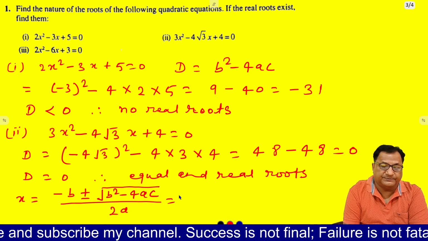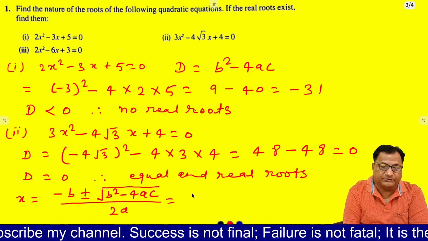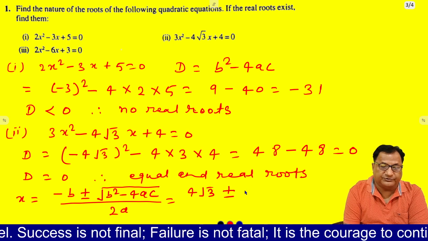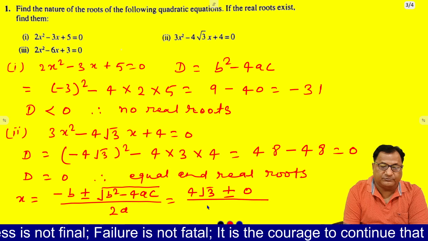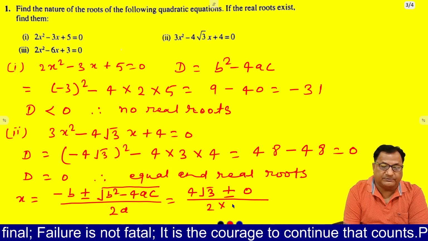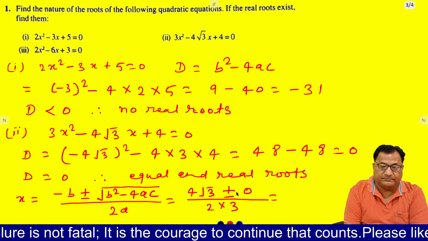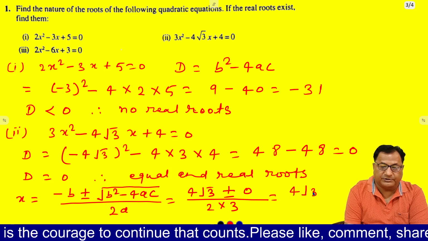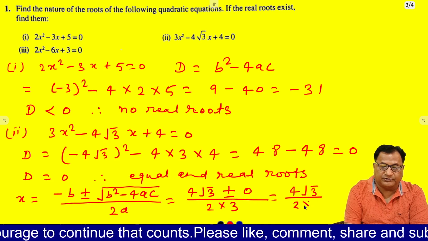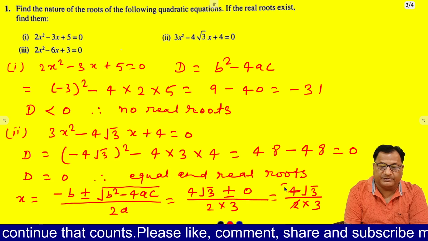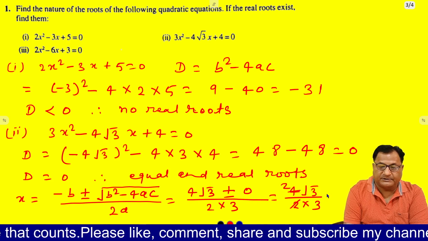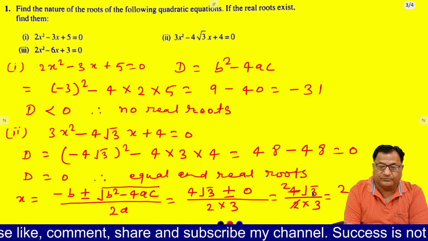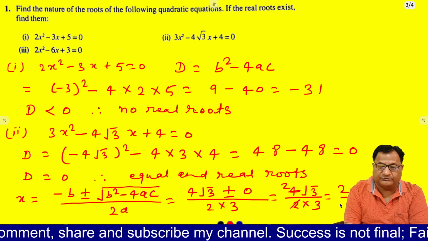So minus b is equal to 4 root 3 plus minus, and this will be 0, by 2 into a, which is 3, is equal to 4 root 3 by 2 into 3. The 2 and 2 will be cut, and so the answer will be 2 root 3 by root 3, and the root 3 and root 3 will be cut, so 2 by root 3.